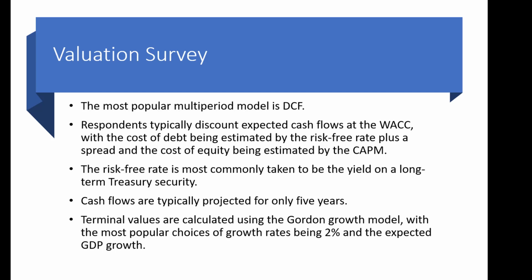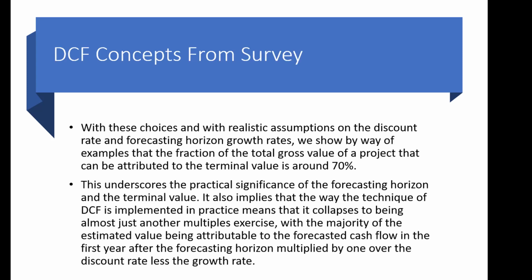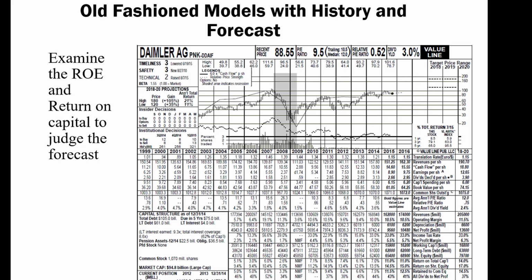And then they say that terminal values are typically computed using the Gordon model, our famous Gordon model. And when you use only 5 years, depending on the discount rate, they say the terminal value comes up to 70%. And if you use multiples, of course, it collapses to just a multiple calculation.